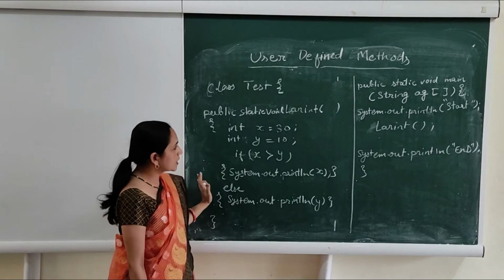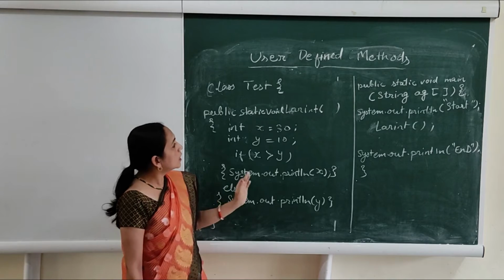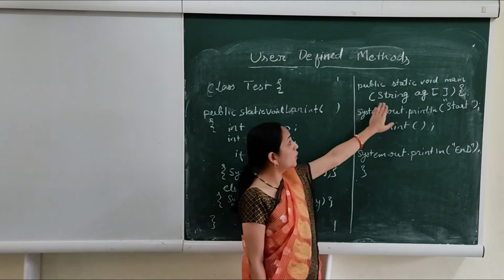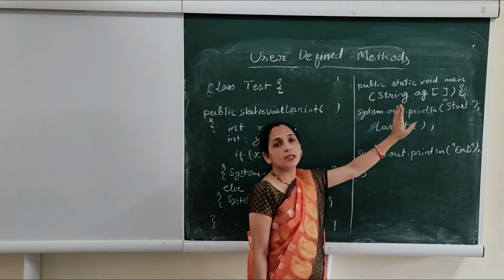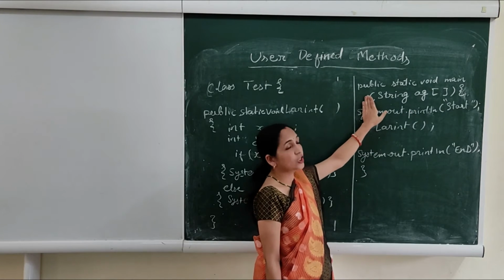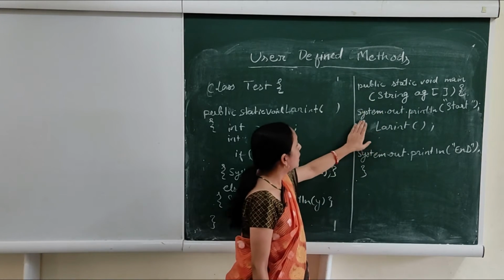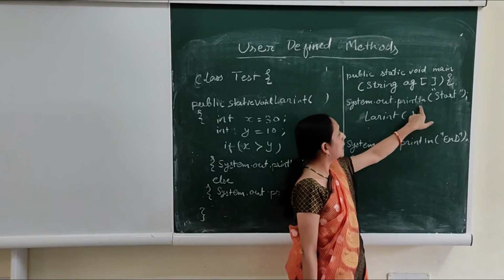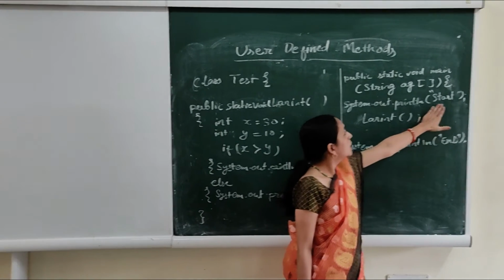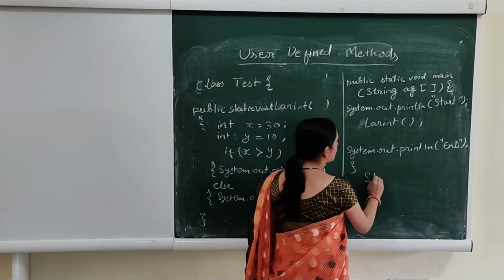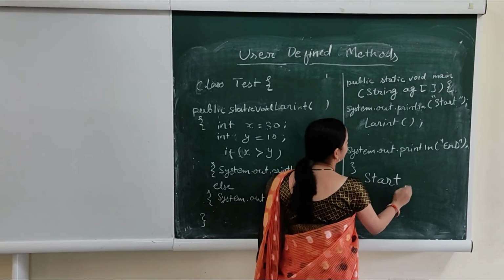Now let's see the execution of this program. Here I have written the main method also. As all of you know very well, main is the initial method, so the main function will execute first. The first command we have written in the main method is system.out.println start. This command will execute first, so the output will first print start.